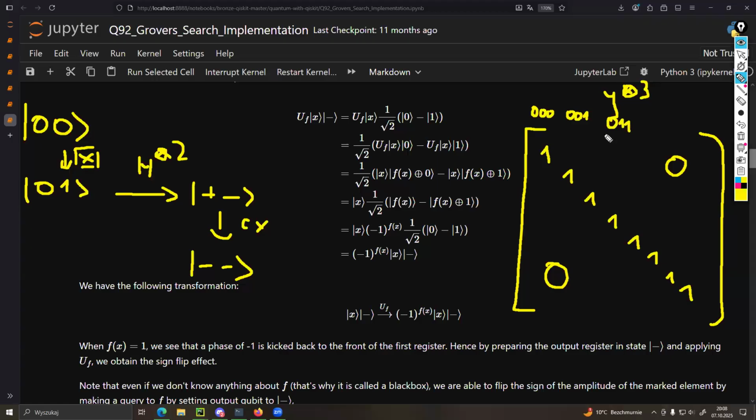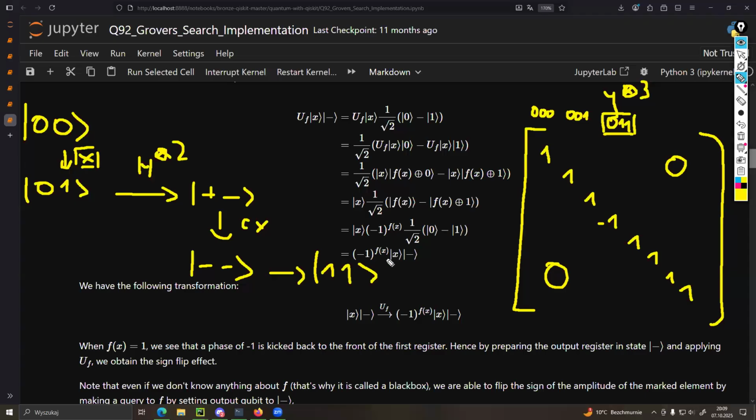If we can apply conditionally on this state our change, the minus, this would be insanely good because this will be our marking.